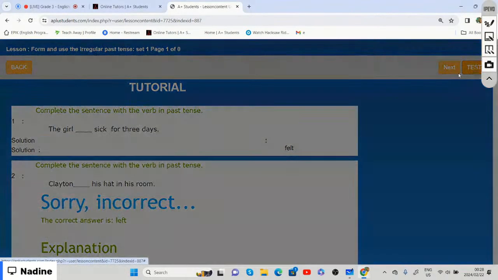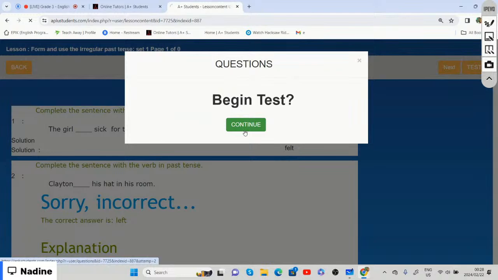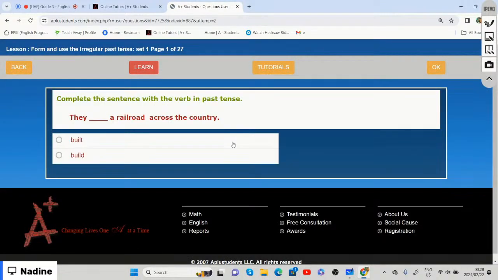All right, so now we're going on to our test where we are going to form and use irregular past tense. Set 1. We need to complete the sentence with the verb in the past tense. Do we say they built or they build a railroad across the country?